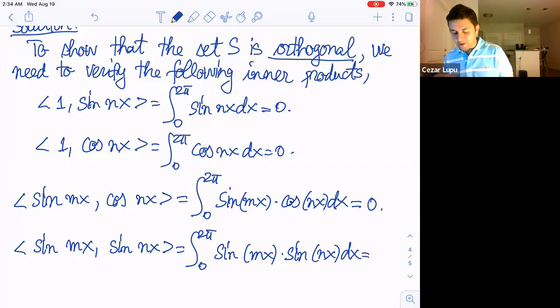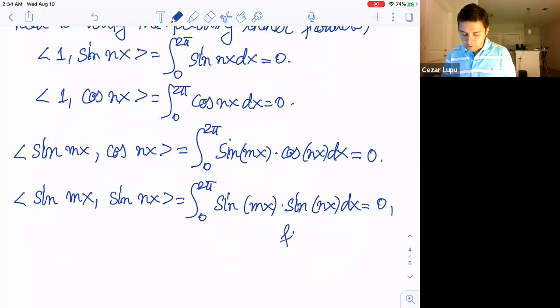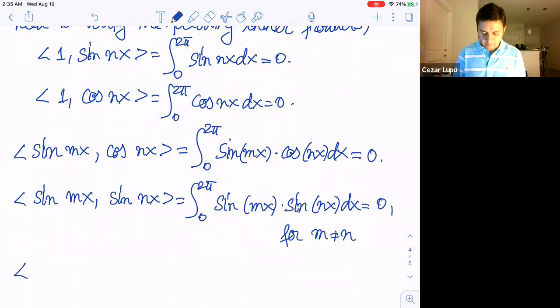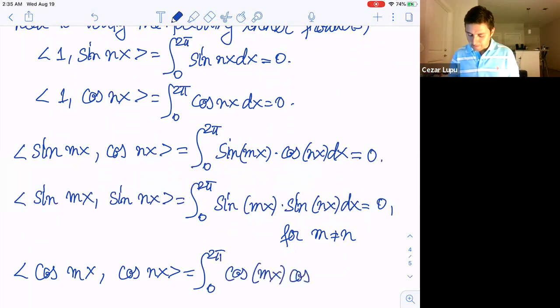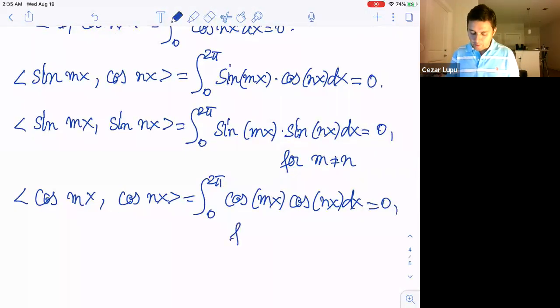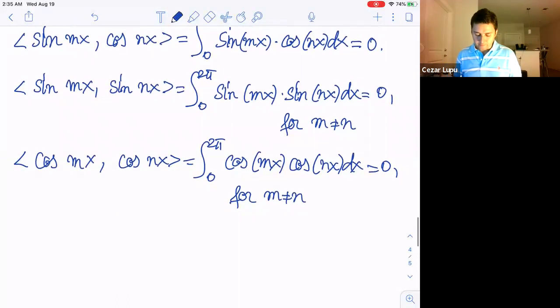This will be 0 as long as m is different than n. And the same thing will happen with the cosine: cosine of mx and cosine of nx, again, this is 0 for m different than n. Right, so we have this.